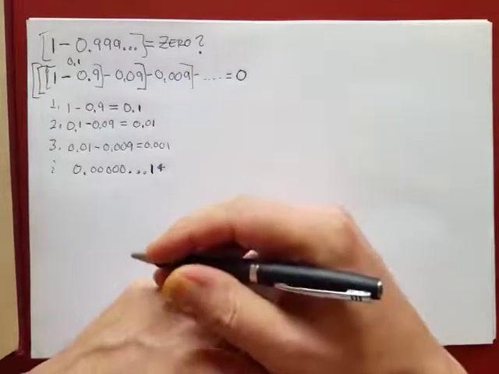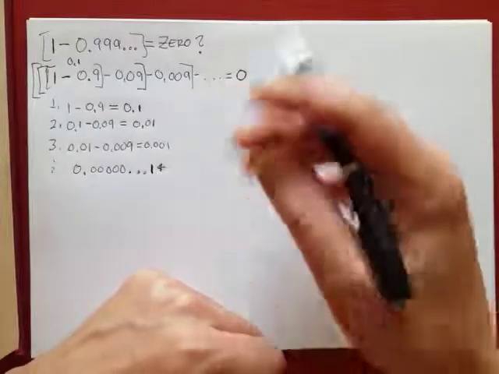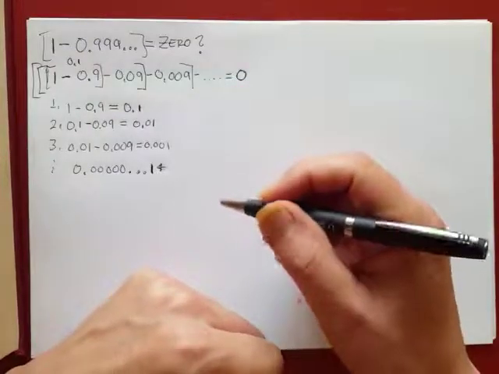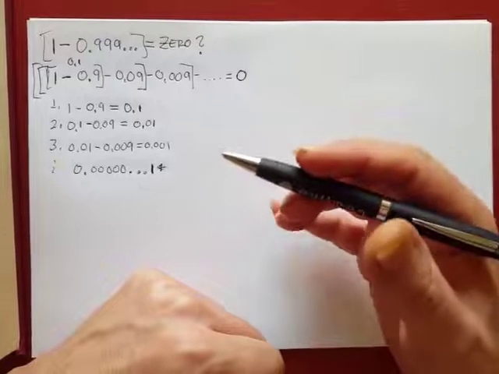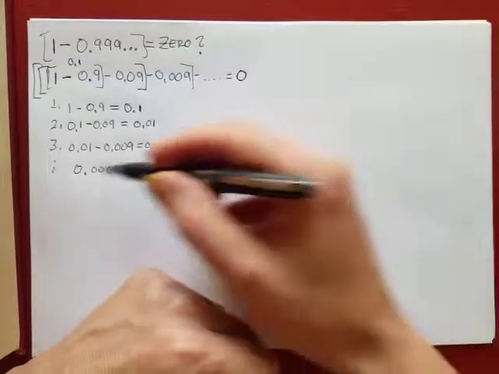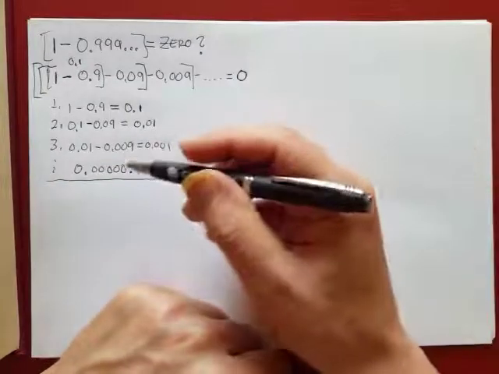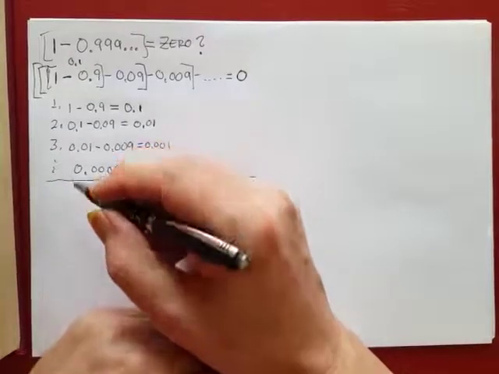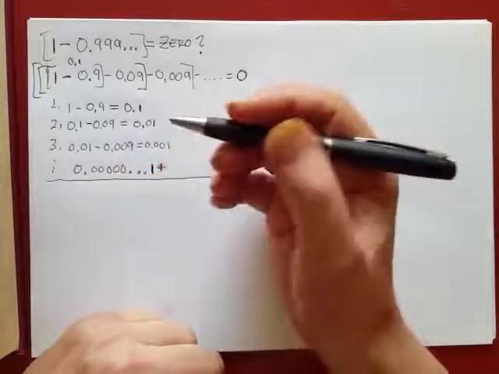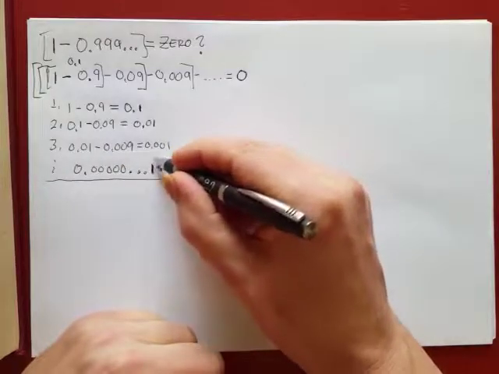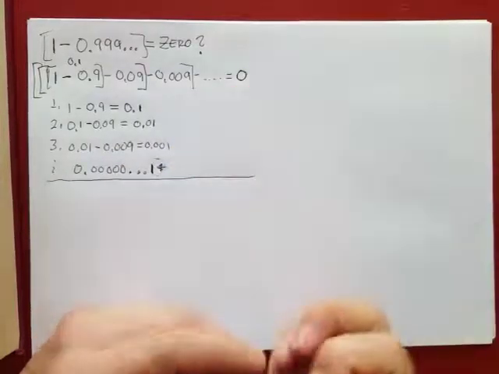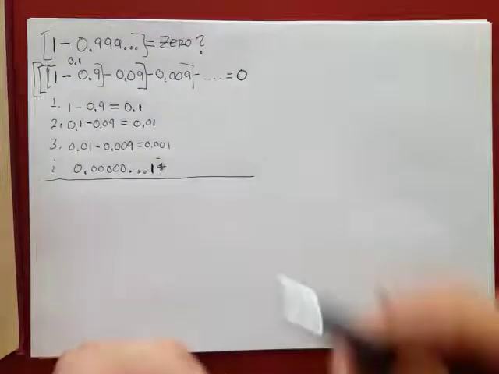Even if you go infinitely long, there is still a tiny number out there. But it isn't, and I'm going to prove that for you now. How we prove this is to assume, okay, let's assume there is a little rest number there in the end, a little 1.